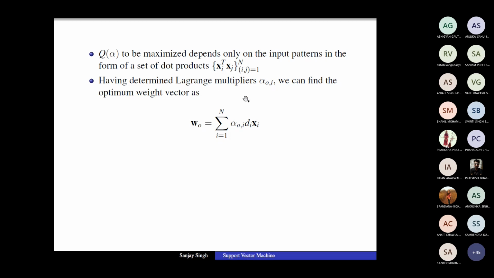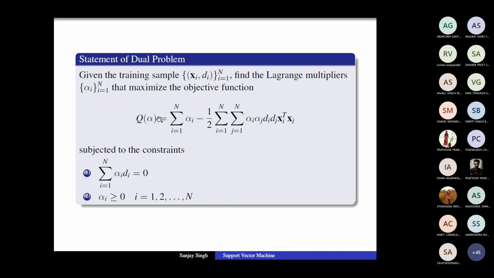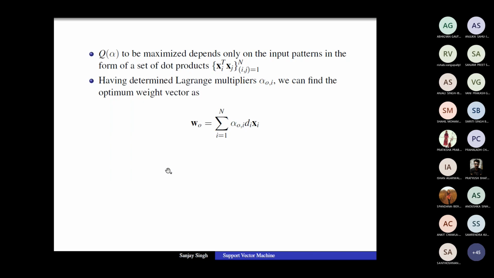Having determined the Lagrange multiplier alpha, where will you get it from? Straight away, we can take dou Q by dou alpha equal to 0 and find the expression for alpha, subject to this particular constraint. Suppose we have found these alphas, and I'm calling them alpha optimal i because there are many alphas.